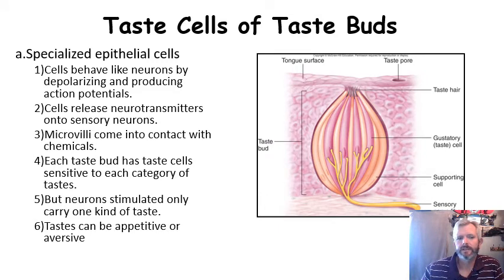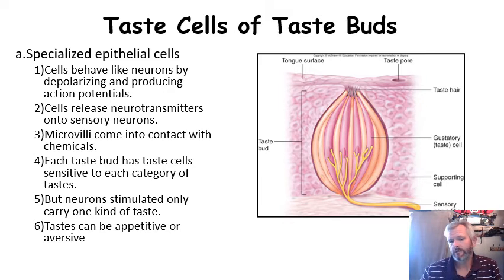Okay. These taste cells, again, are specialized epithelial cells, but they behave like neurons. When they get depolarized by activation of the receptors for the different chemicals that are going to activate them, they release the neurotransmitter.